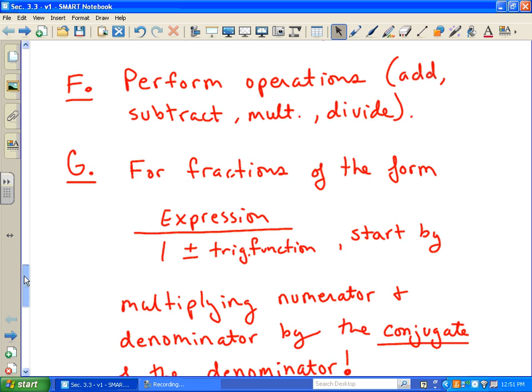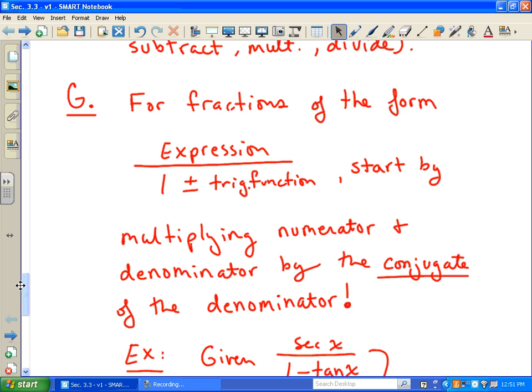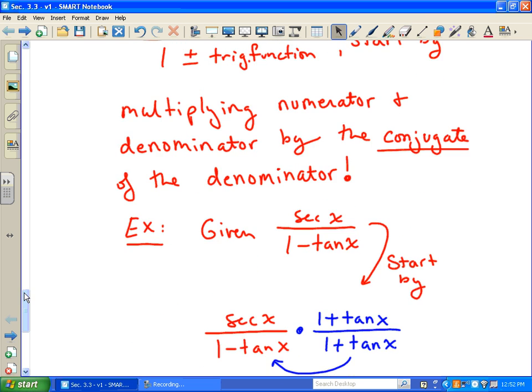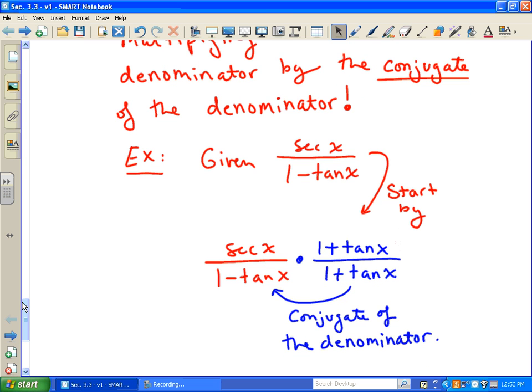The last technique that I'll talk about is for fractions. If you have a fraction of the form some expression over 1 plus a trig function or 1 minus a trig function, you can start by multiplying both the numerator and the denominator by the conjugate of the denominator. So for example, if you're given something on one side of an identity such as secant x over 1 minus tangent x, you can start by multiplying that given expression by the conjugate of the denominator.